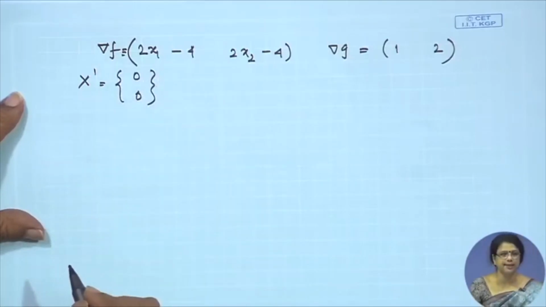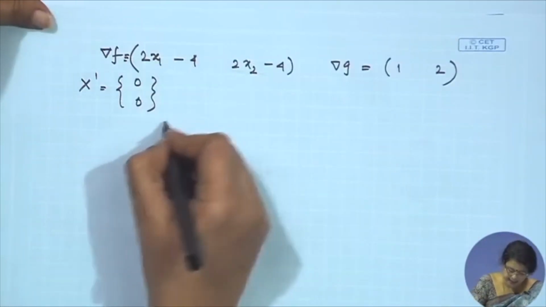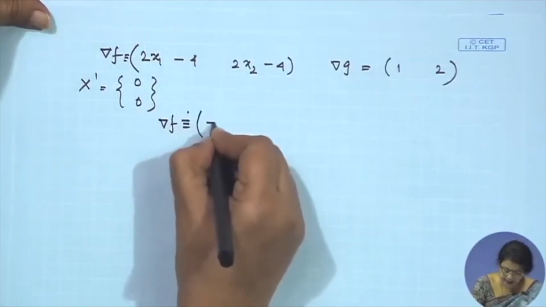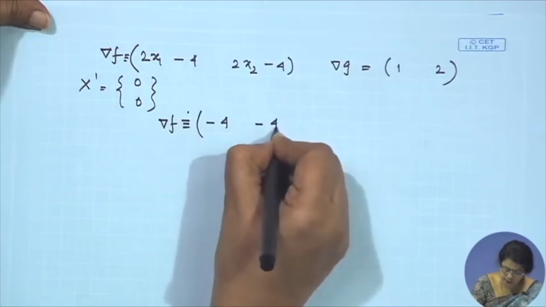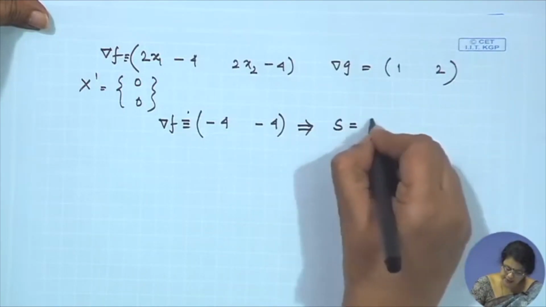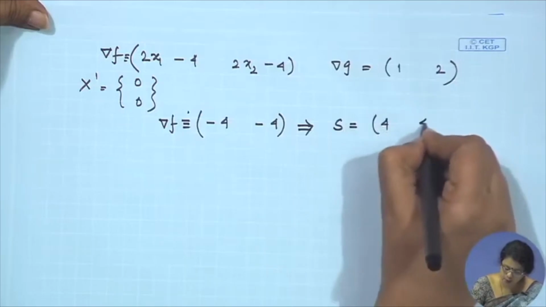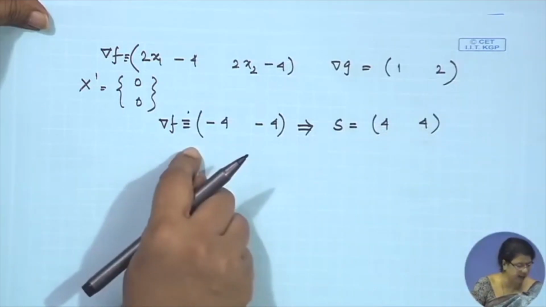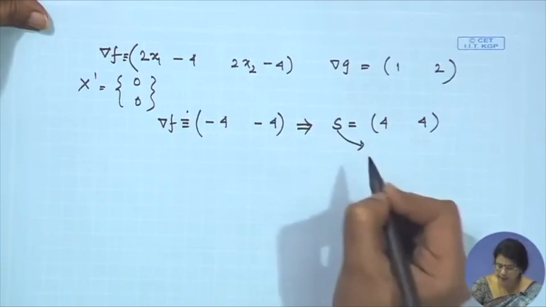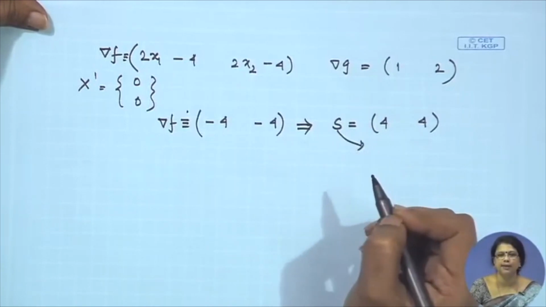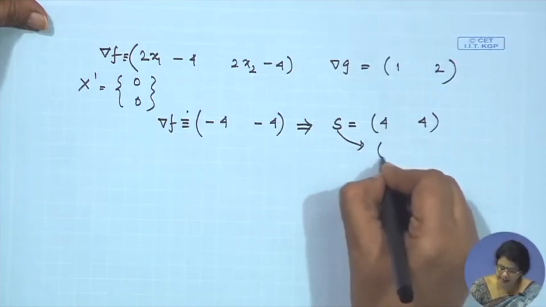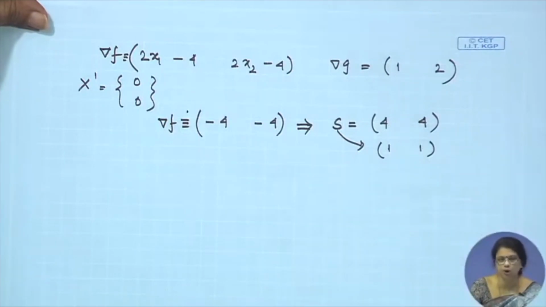If we consider this, grad f is coming as minus 4, minus 4. That is why we can say S is the direction which is 4, 4, because that is minus of grad f. But I want to make S have modulus 1, so I will just make it 1, 1. There is no harm in it.